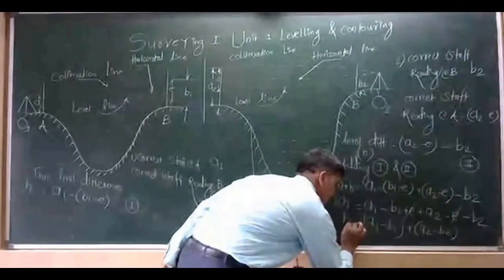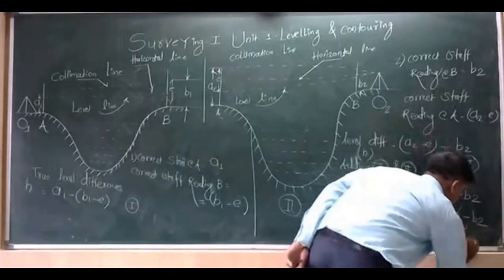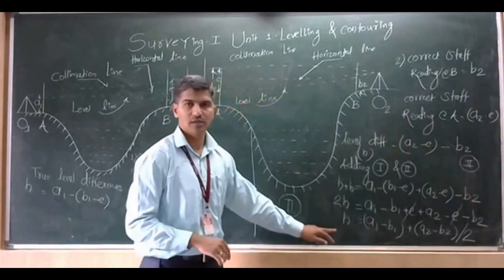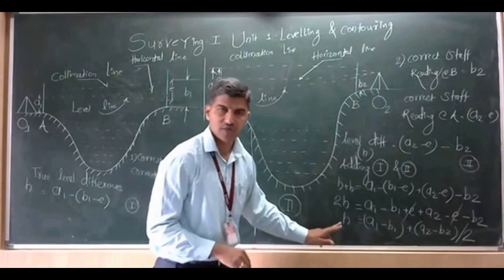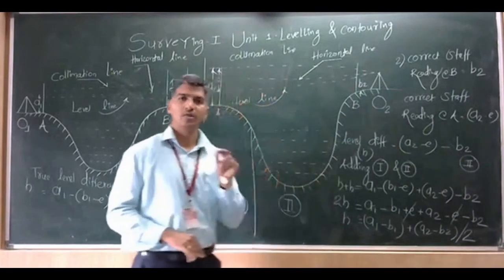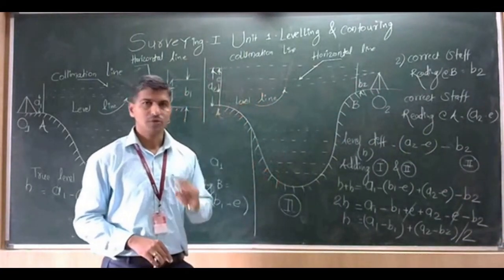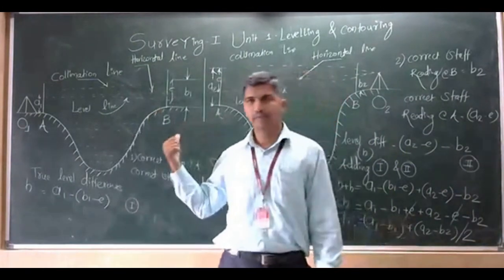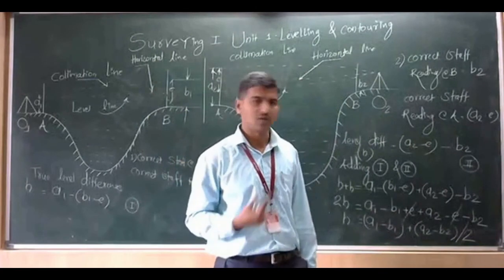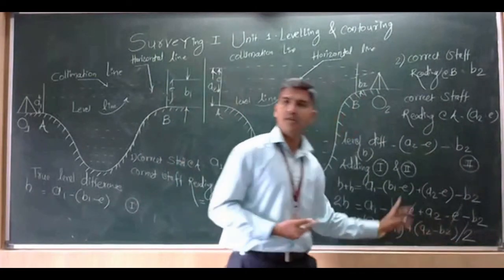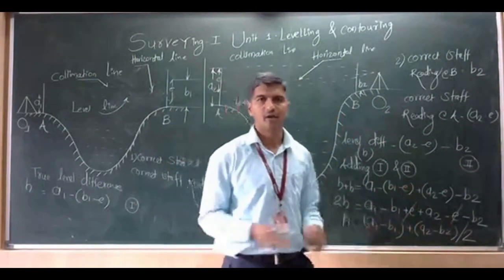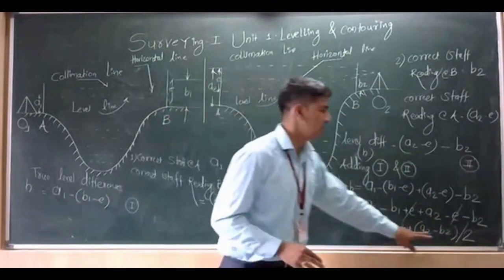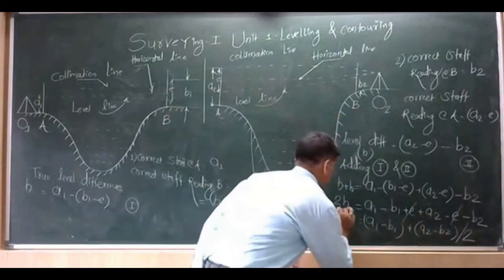And I will just divide the whole equation by 2, where H is the true level difference. So you can see that when we complete simplifying this equation, this error will get nullified, and we will get the required result.